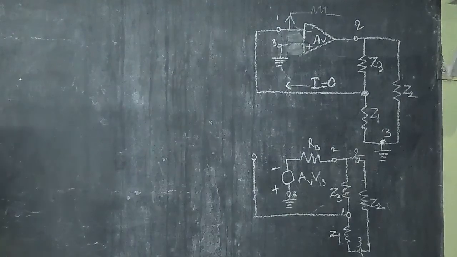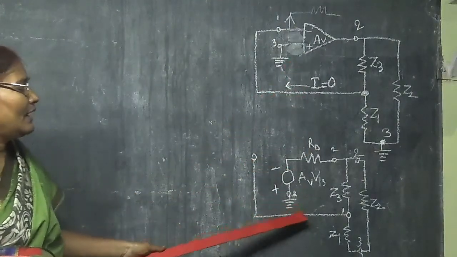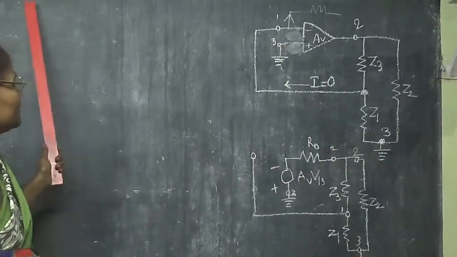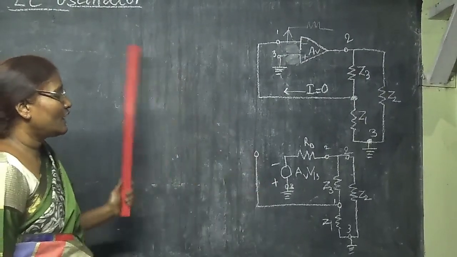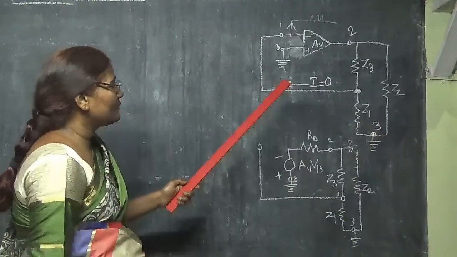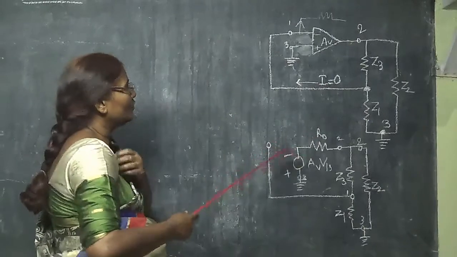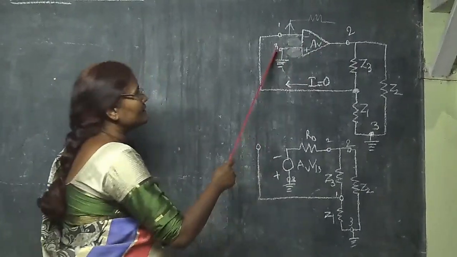Next, this is the equivalent circuit, and we are going to do our general analysis of the oscillator using this circuit. Let me explain something about this circuit. Here the op-amp has three terminals.